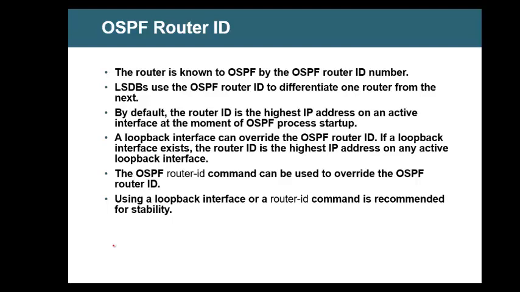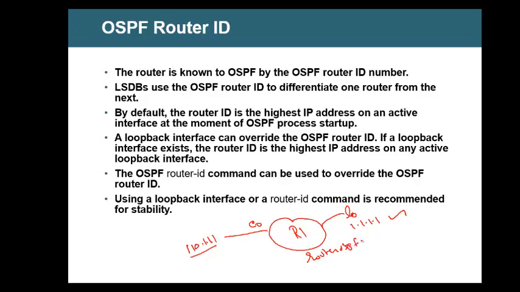See, repeating again, I told you if there is a loopback interface and a physical interface, loopback interface IP address is 1.1.1.1, physical interface IP address is 110.1.1.1. So this router will use the loopback interface IP address, correct? So when you configure router OSPF 1 or any number, the first OSPF you are enabling, it will use this router ID.